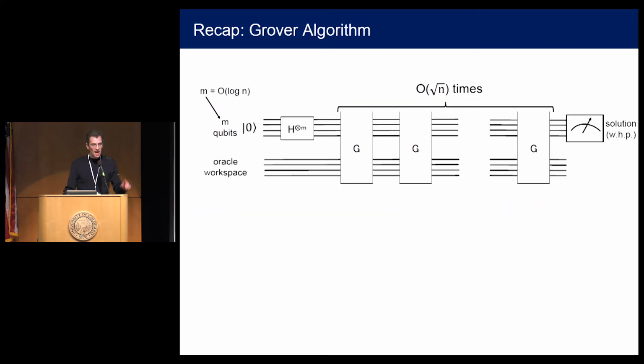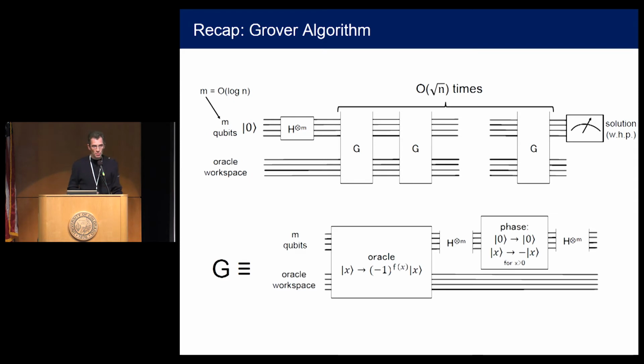Now let's recap a few details about Grover search. Grover search, as you all know, repeats square root n times the Grover operator, and at the end does a measurement. We can show that the result of the measurement is a solution with high probability. What is this Grover operator? It consists of applying the oracle, then the Hadamard transform, the phase operation, and the Hadamard transform.